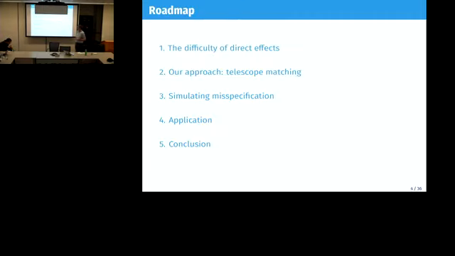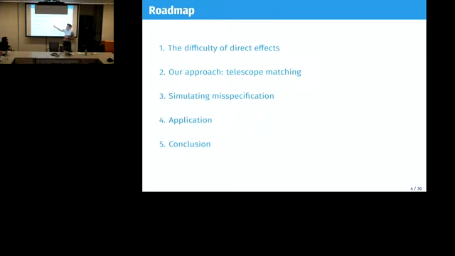Okay, so this is just to give you a sense of what I'm going to talk about today. We'll define and talk about the difficulty of estimating these direct effects with standard methods. I'll introduce our own approach and walk you through the logic of it, because even if it's actually just two standard matching steps, some of the logic is not obvious, so I'll walk you through some examples.